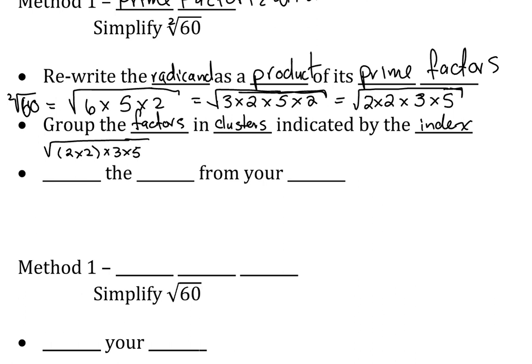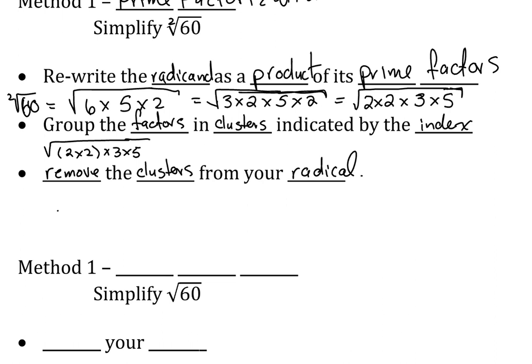I only have one cluster of 2, and I'm just going to highlight it right here. Oh, it doesn't want to do that for me right now, but that's okay. You get it because it's in brackets. Then remove the clusters from your radical. So I'm going to say 2 times 2.